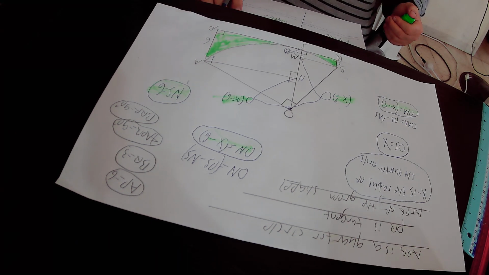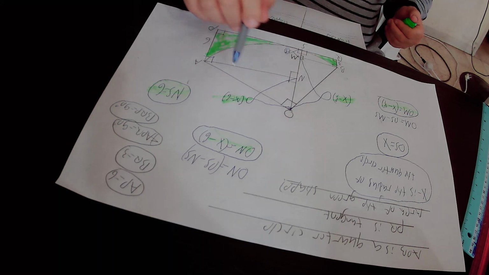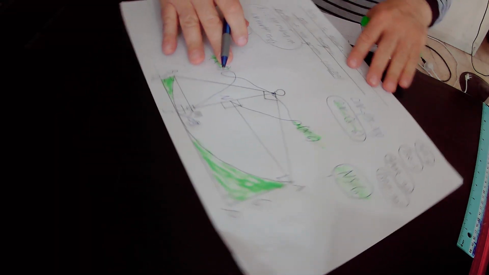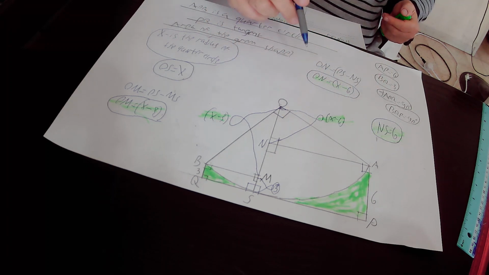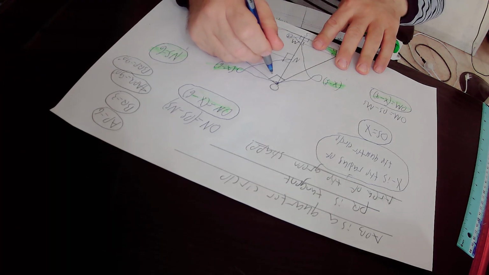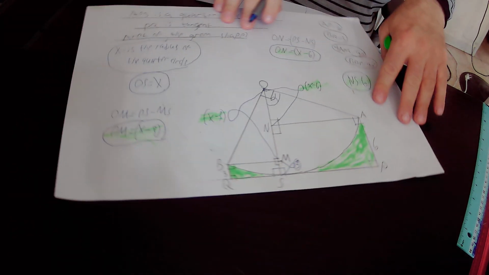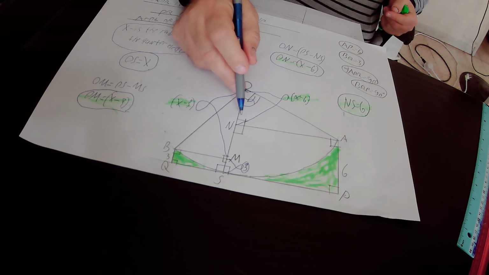So in the next step we'll focus on this right triangle NOA. In the right triangle AON we'll define this angle as alpha. So in the right triangle AON, this angle equals alpha, this angle equals 90 degrees.